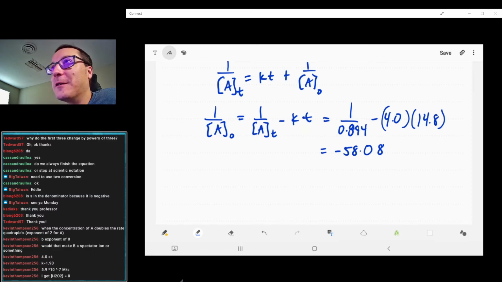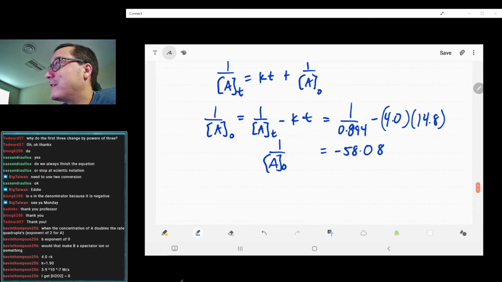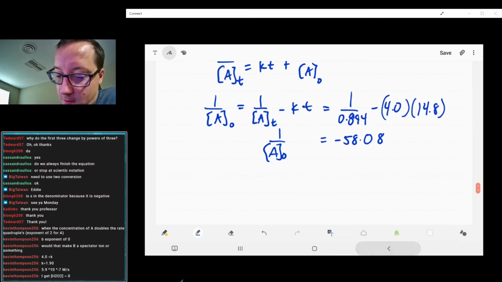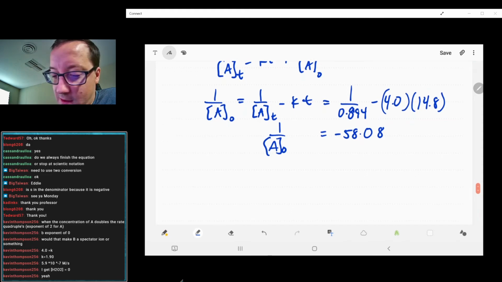All right. So with this, let's go ahead and solve for it anyway. So that's our 1 over our concentration somehow is going to be negative. Kevin, did you get a negative one as well? Just curious there. This shouldn't make sense.